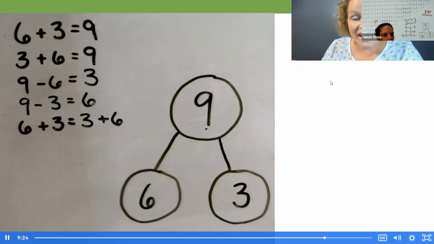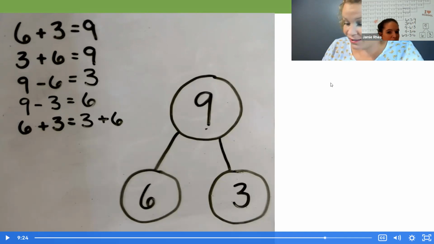Now I'm going to pause just for a second, because could I say 9 minus 6 = 9 - 3? No, I can't do that because they don't equal the same thing. 9 - 6 = 3, and 9 - 3 = 6. So they're not equal. But 6 + 3 = 9, and 3 + 6 = 9. So they're equal. So that's how I can do that.